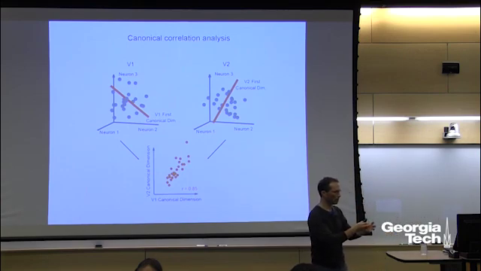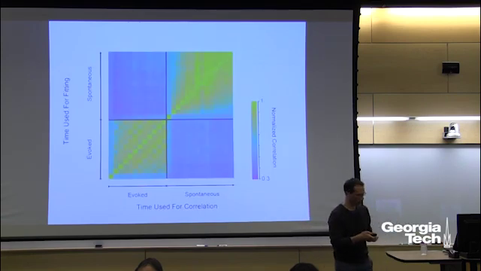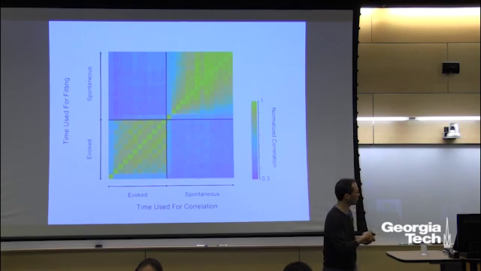Take an epoch in time, determine what your two canonical vectors are in the two areas, fix those, and then take those vectors through the rest of the time and see how well you can relate activity in those other time epochs. And he did this in a giant way, which looks at interactions across all time periods.